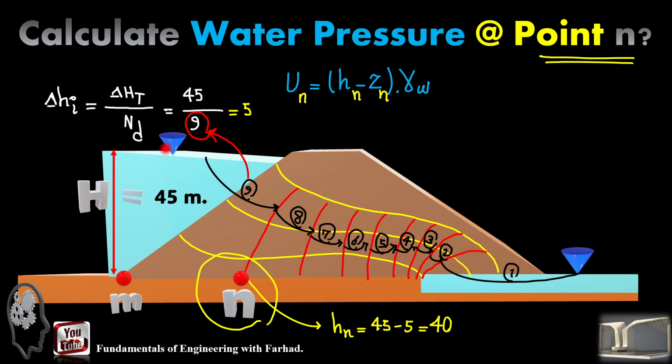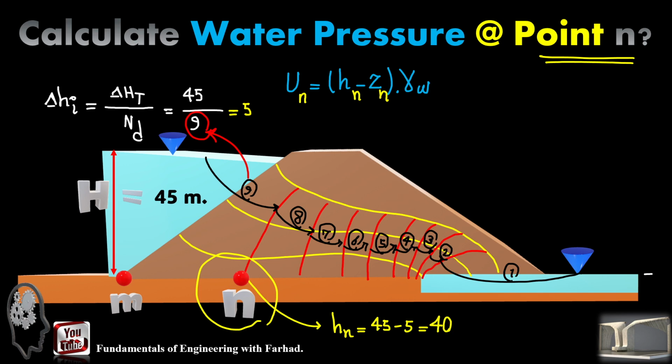If we want to know what the head H at N is, it's 45 at the beginning. If you climb down, you reach the very first line from the upstream side. So 45 minus 1 drop, that is 5, gives us 40 meters.